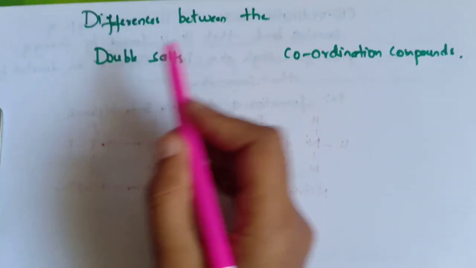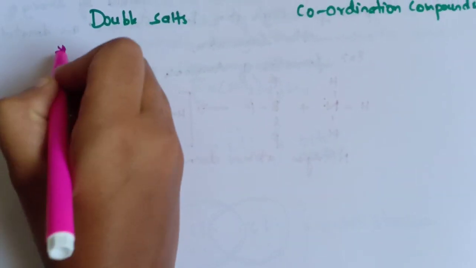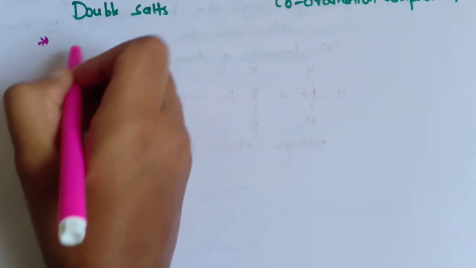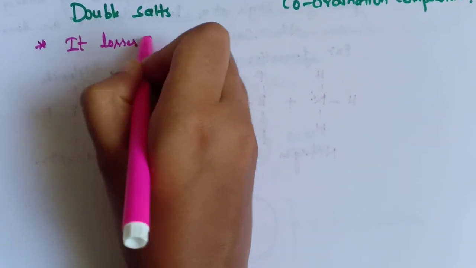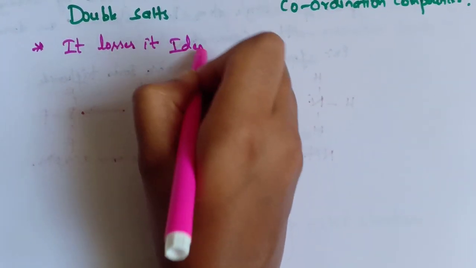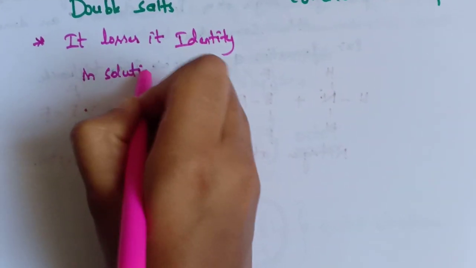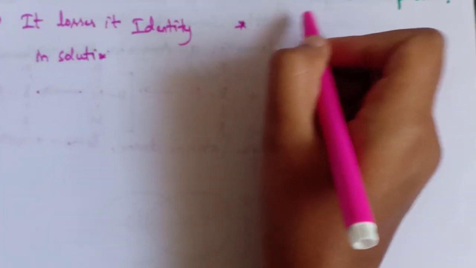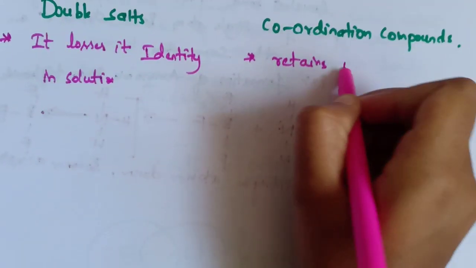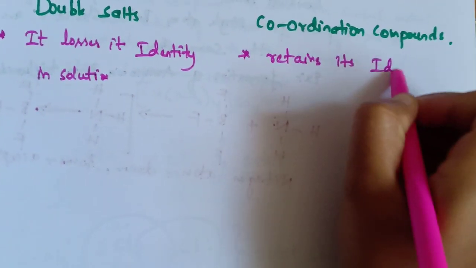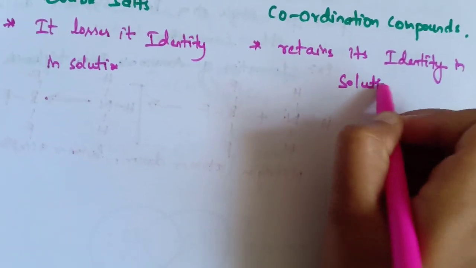Now here we can see what are the differences between the double salts and coordination compounds. We already know the definitions. I'll just say the differences. The double salt loses its identity in solution, but the coordination compounds retain their identity in solution.